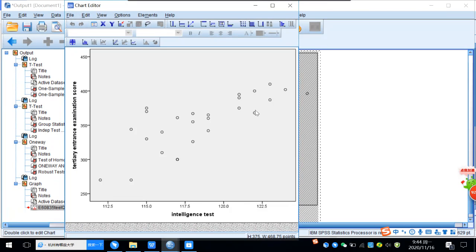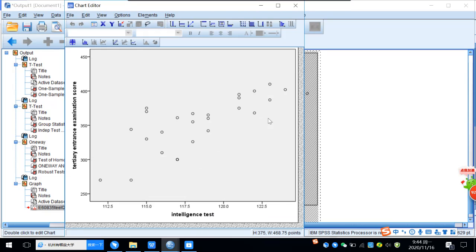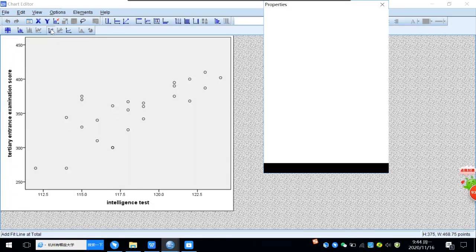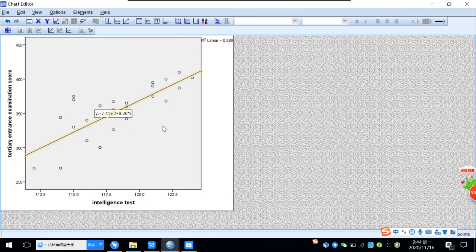Okay, let's double click the graph and look here. Add a fit line at total. You can click it here. If you don't want it, you can delete it.